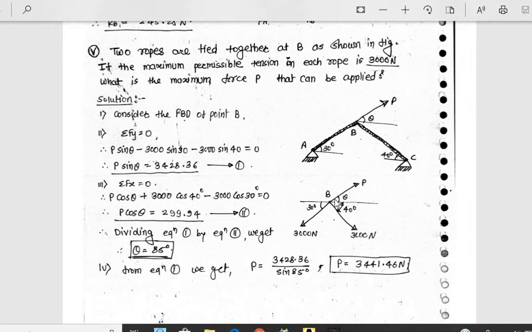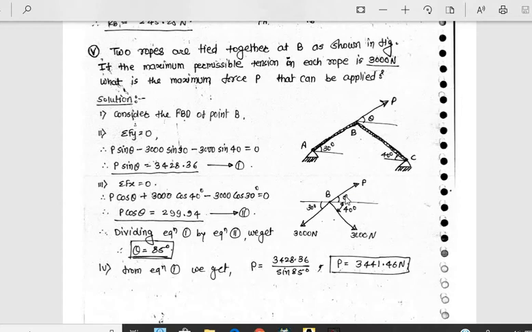Now see, these are 3 forces. All 3 forces are coplanar and concurrent, and they are pulling forces. That means Lami's theorem can be applied, but think over that. For Lami's theorem, this theta is not given.